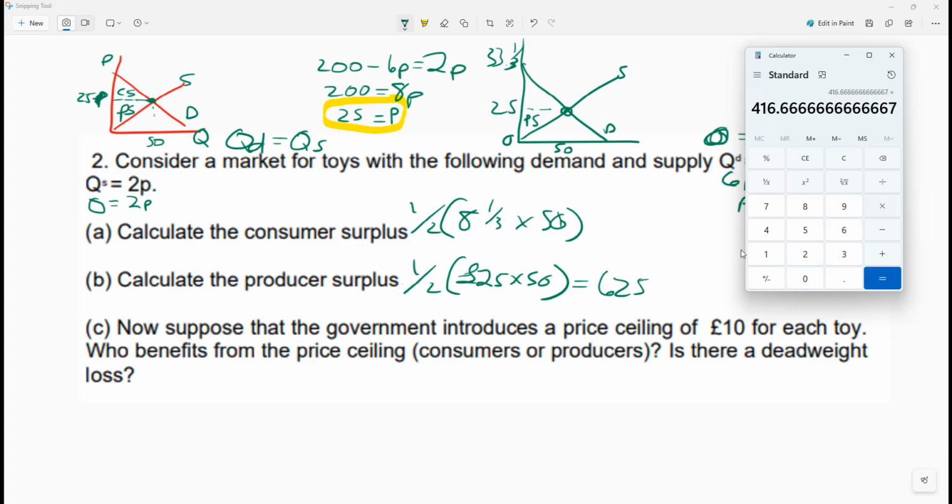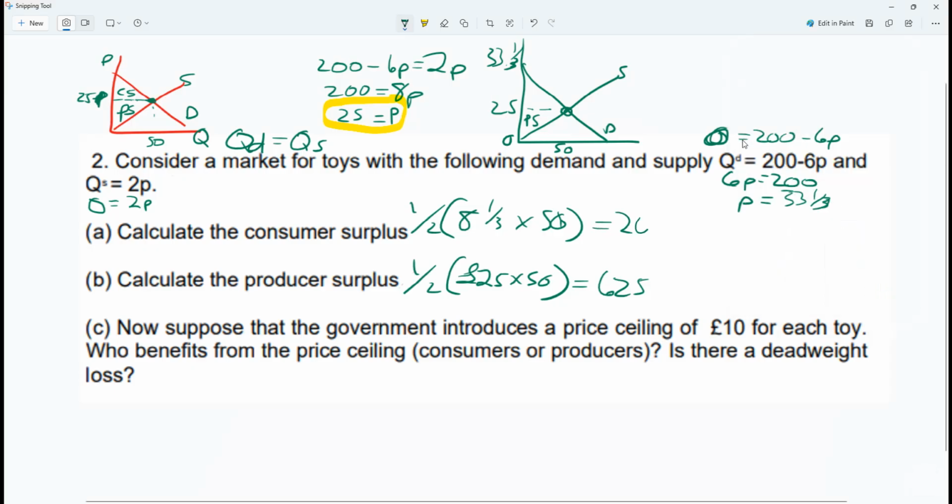And then half of that is 208.33. Okay, so 208 and a third. So this is the consumer surplus, this is the producer surplus. What we calculated here is the area below the demand curve and above the price, and the area above the supply curve and below the price. Okay, so we're done with that part.